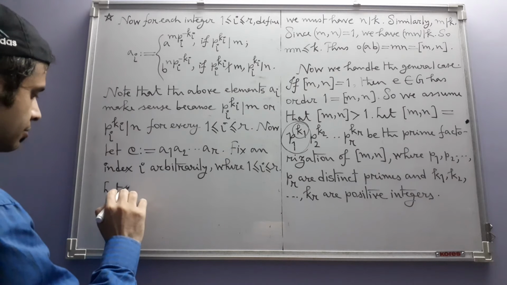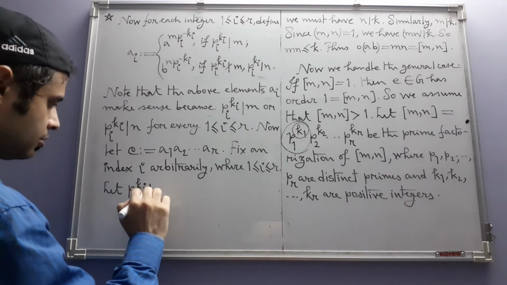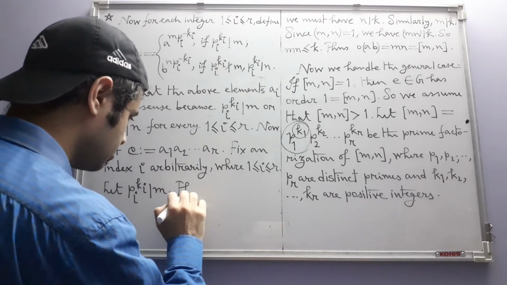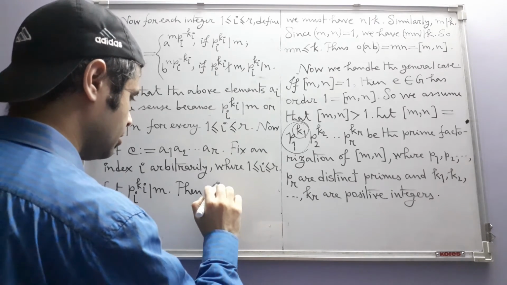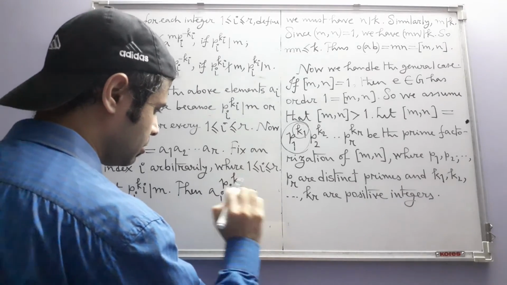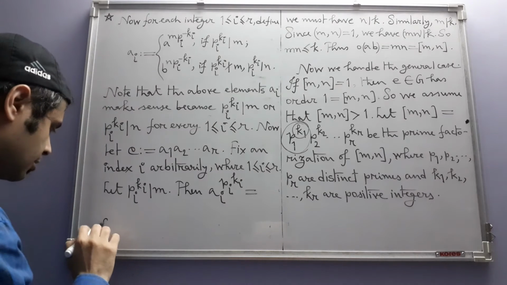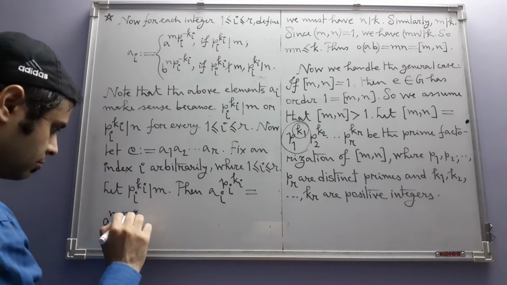Let p_i to the power k_i divide m. Then a_i to the power p_i to the power k_i is equal to, since this is true, a to the power m.